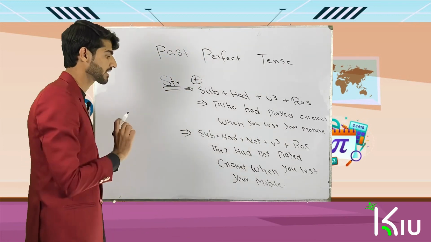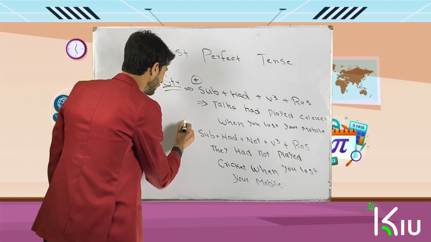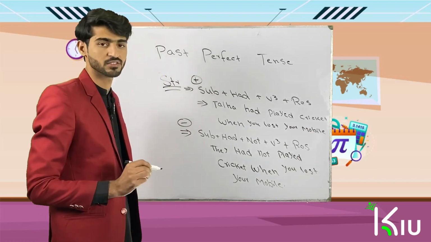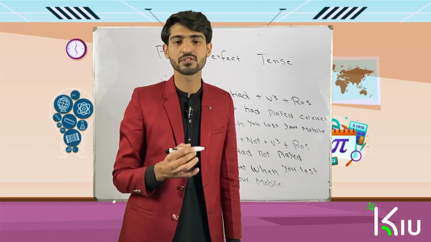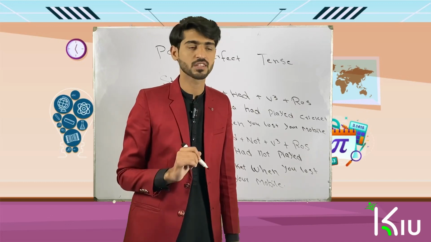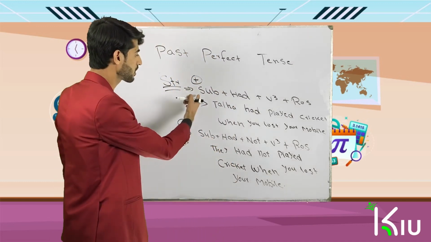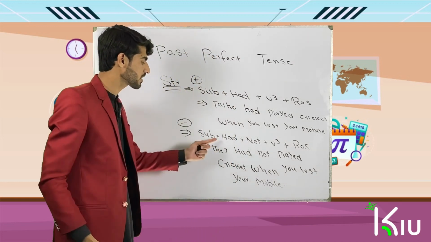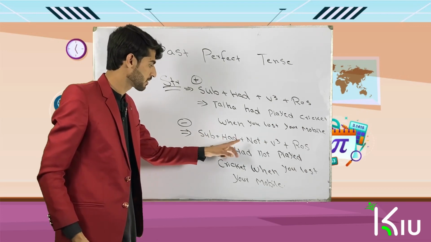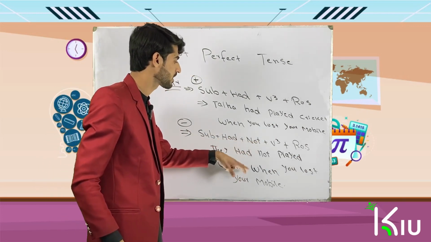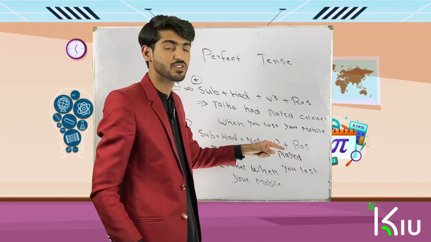Now let's get ahead with the negative structure of past perfect tense. How will we make negative sentences while using past perfect tense? First of all, we'll put the subject, then with that we will use had, with had, not, then the third form of the verb, and then the rest of the sentence.